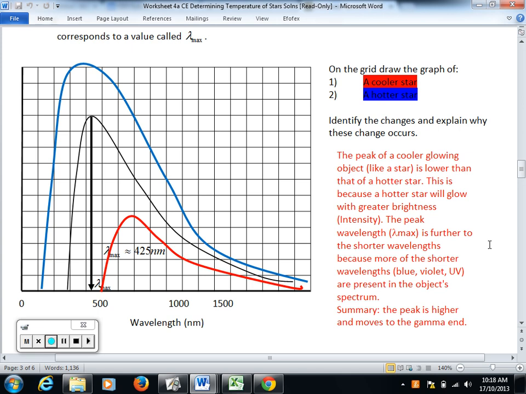But Wien said, okay, can I work out the exact temperature, within 10 or so Kelvin, of this curve that I've got here? So let's use Wien's law and read it off. We work out the peak, here's the peak there, and if you read down, you can read off the scale at the bottom what lambda max is. The peak wavelength is 425 nanometers. Are we okay with that? So let's work out the temperature of the object that is glowing now.